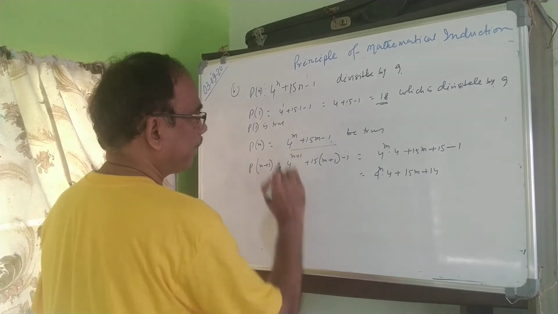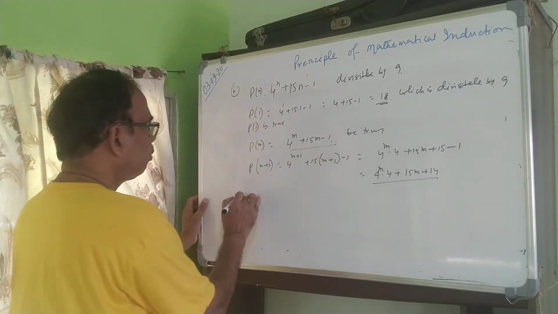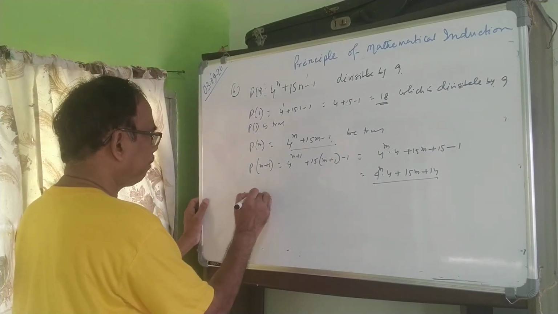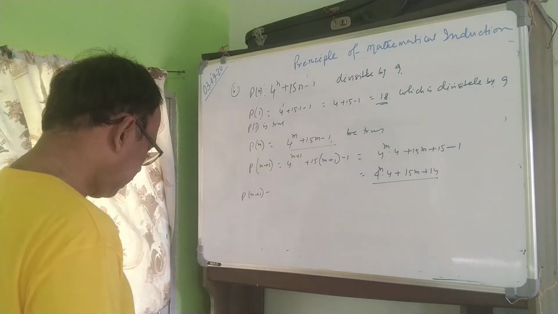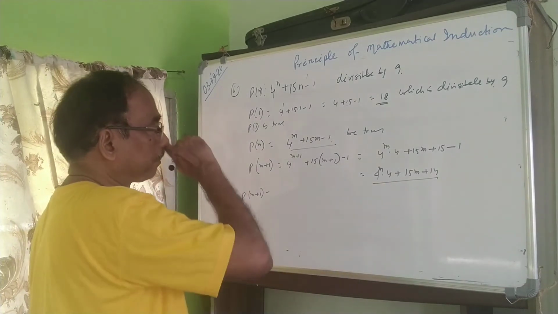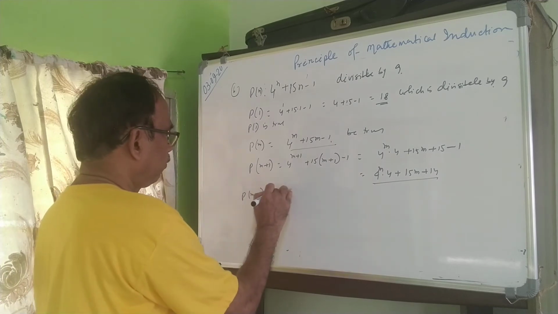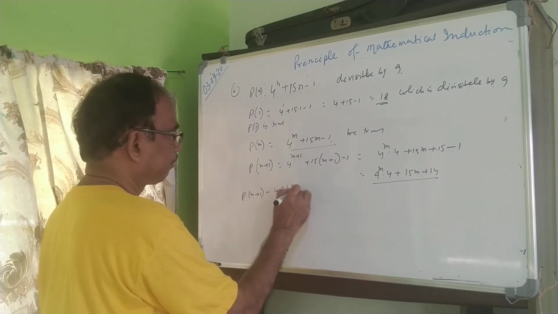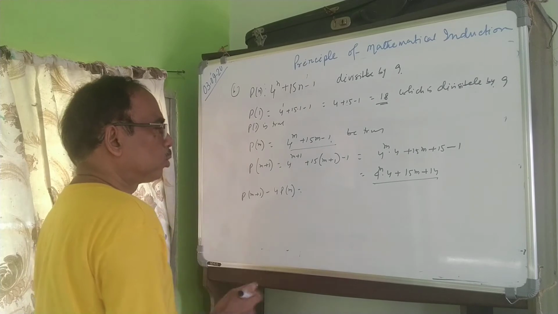So this is the statement. Now Pm plus 1 minus 4Pm. We can do this minus this, no problem.